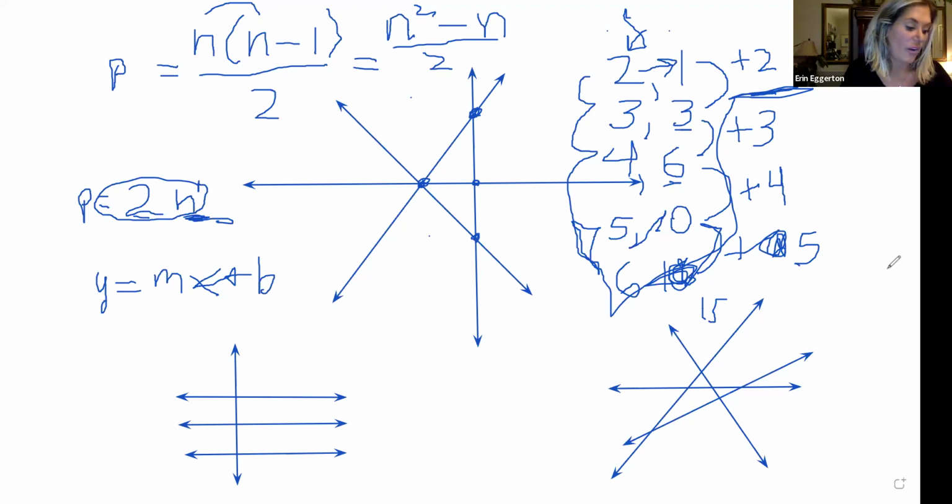Did you get the formula on problem 4C that we went over in class? Let's see. I've written on so many different ones. Yeah, I've got 2 times n minus 1.